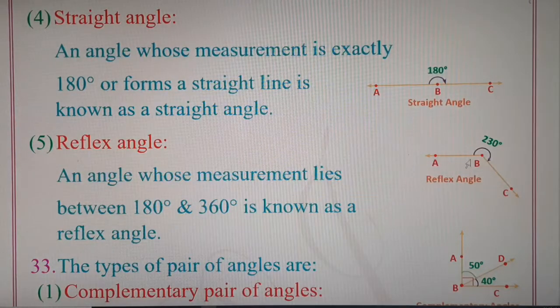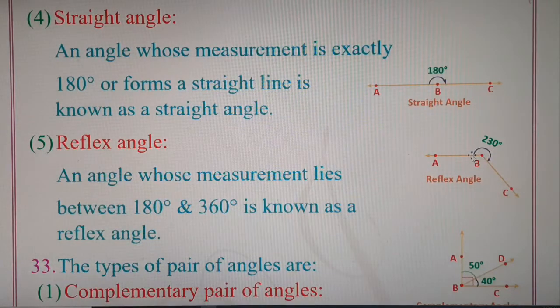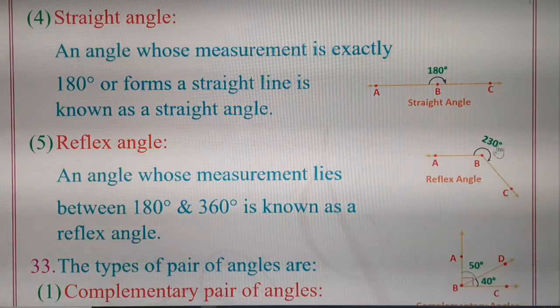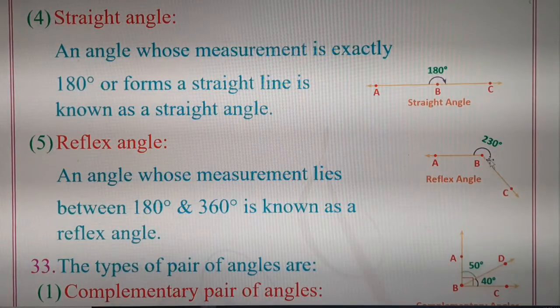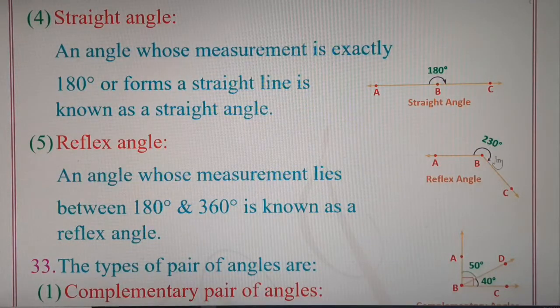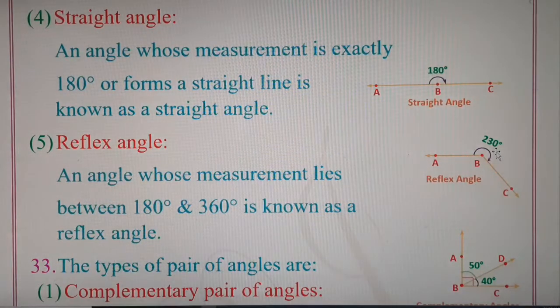The inner part of the angle is less than 180 and the outer part of the angle is greater than 180. Here this particular angle has a measurement of 230 degrees. So this outer part will form a reflex angle, which has a degree measurement greater than 180 degrees.